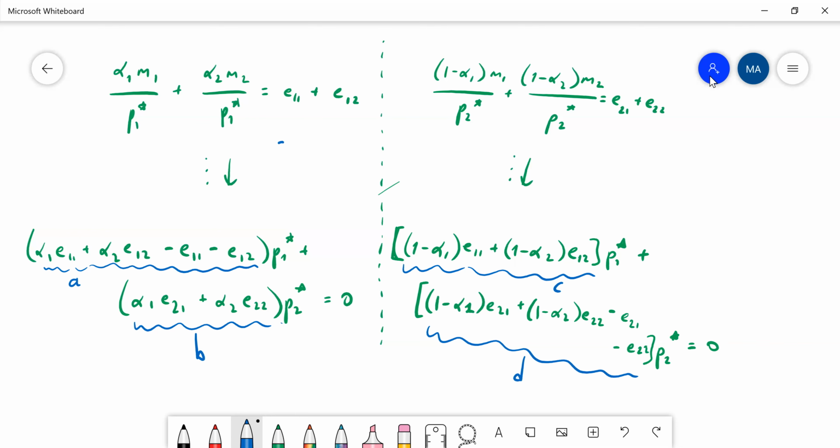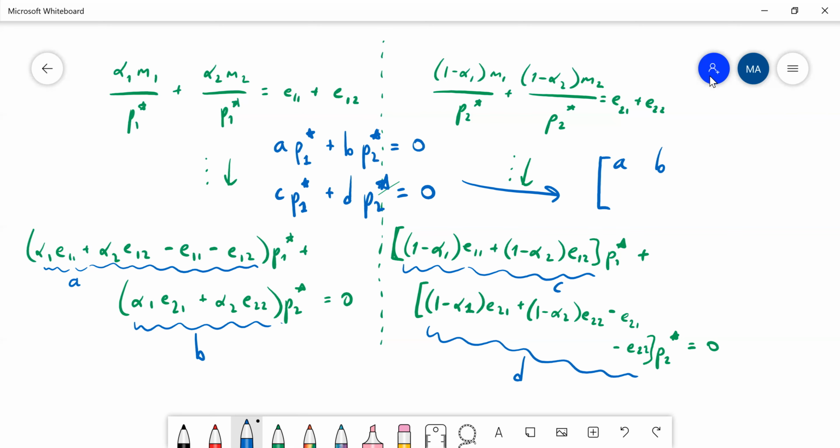You have A times P1* plus B times P2* equals 0. And you have C times P1* plus D times P2* equals 0. Or more specifically, you have the matrix A, B, C, D times P1*, P2* equal 0.